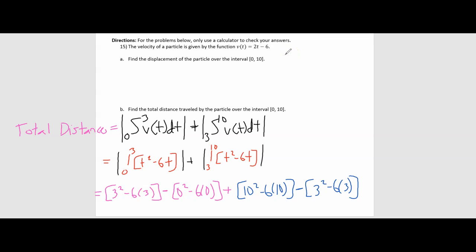If I start simplifying, this gives me 9 minus 18 minus 0 plus 100 minus 60 minus 9 minus 18.